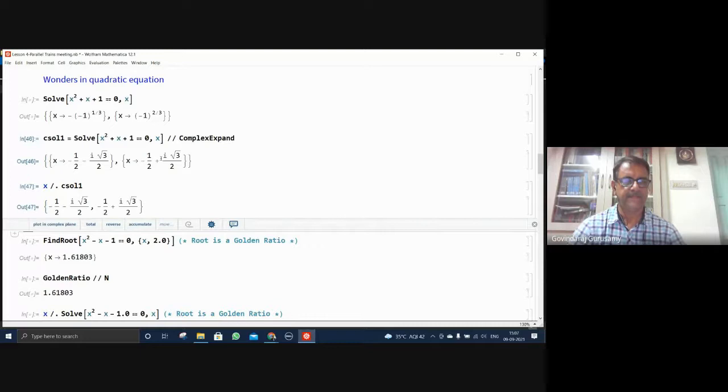Okay, fine. Now what I can do, I want to separate the real part, imaginary part, find out ABS value. All that needs to be found by using complex numbers or a complex expand.